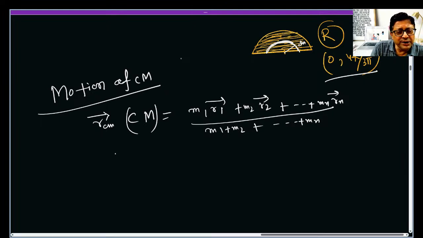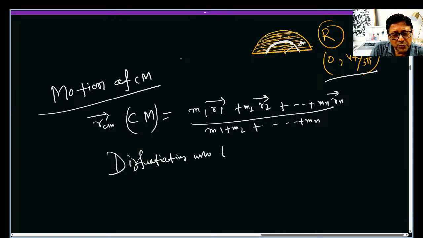To get the velocity, we differentiate this relation with respect to t. drcm by dt is what? This is a constant.